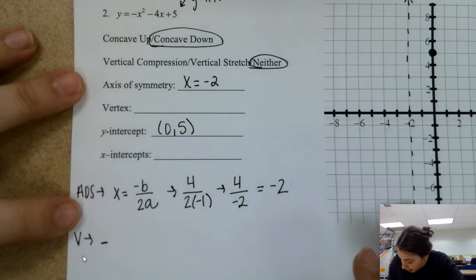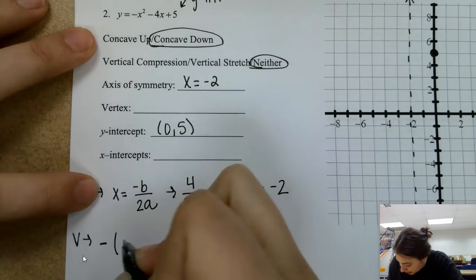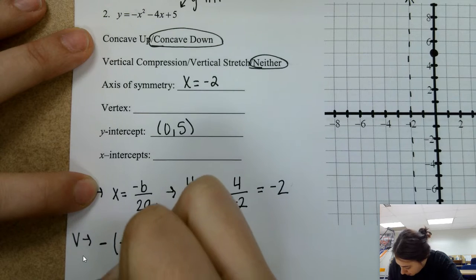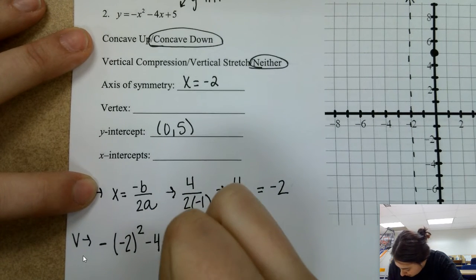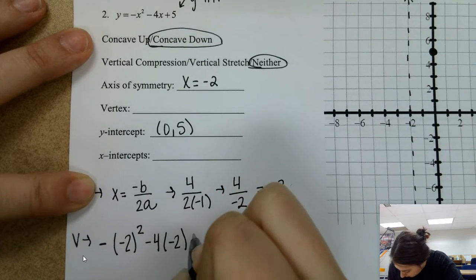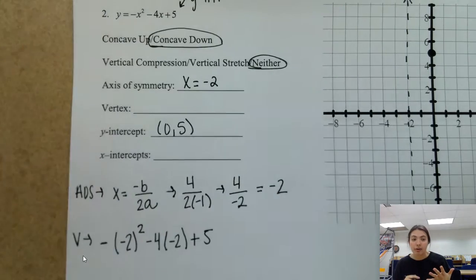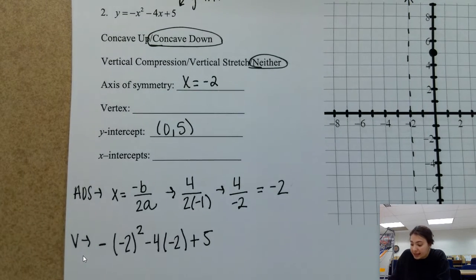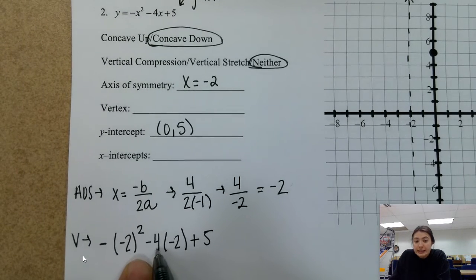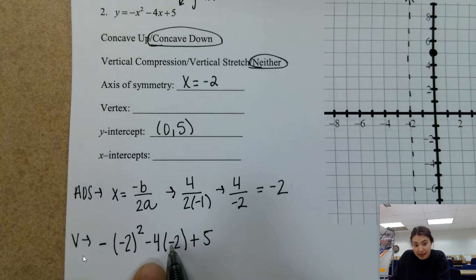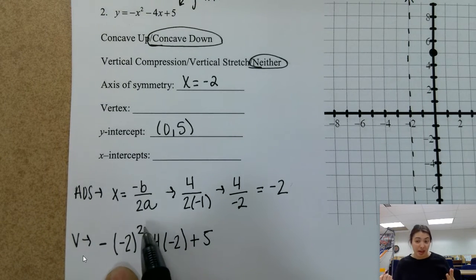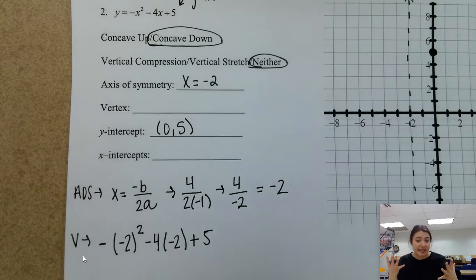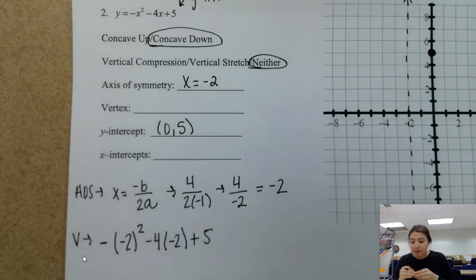So we leave that out in front, and in parentheses, we put negative 2 squared minus 4 times negative 2 plus 5. Now, your calculator will do the order of operations for you, but I just want to remind you that this negative 4 times negative 2 will become positive, and this negative 2 squared also will become positive, because a negative number times a negative number is a positive value.